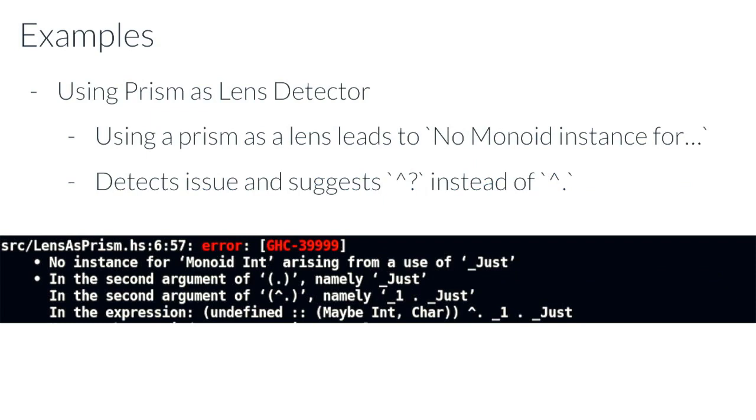Similarly for specific libraries. So now if you have a library with complex intertype machinery, I mean, Lens is sort of stretching that definition, but it still works. If you try to use a prism as a lens, the error that you get is incredibly instructive. It tells you that you don't have a monoid instance. So for this, it's actually quite nice because you can write a plugin which just says, am I seeing a lack of monoid instance?